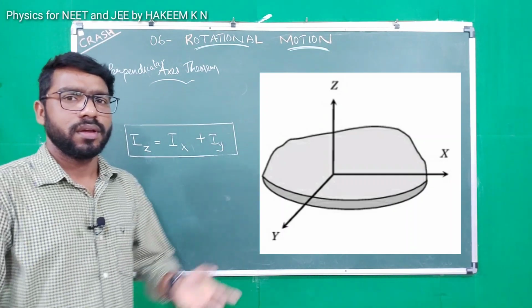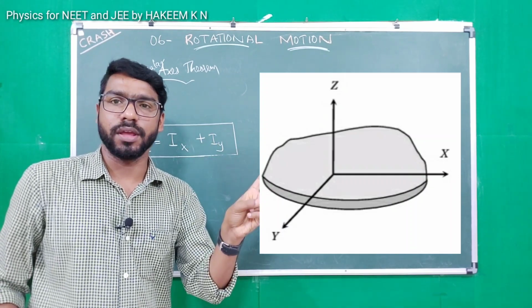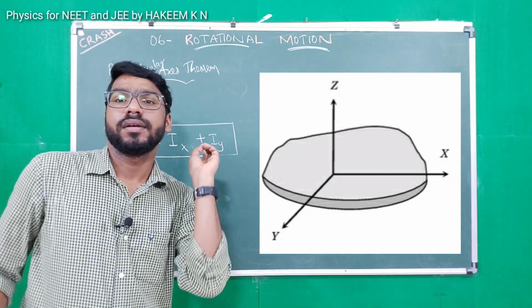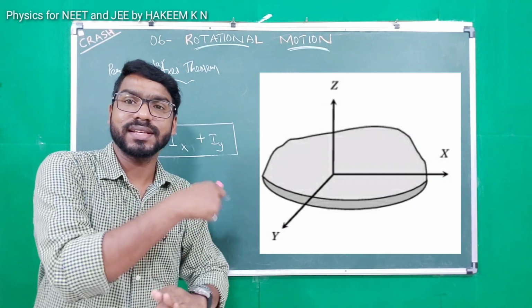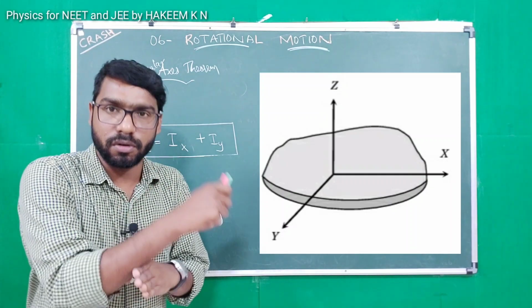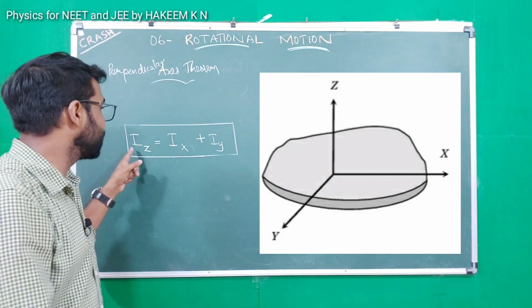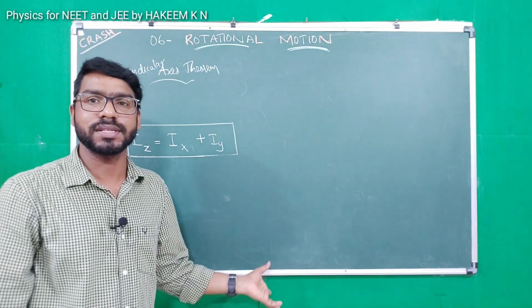Once more: we know the moments of inertia of the body about two perpendicular axes in the plane. Then the moment of inertia about an axis perpendicular to the plane, that is Iz, is found using Ix plus Iy.